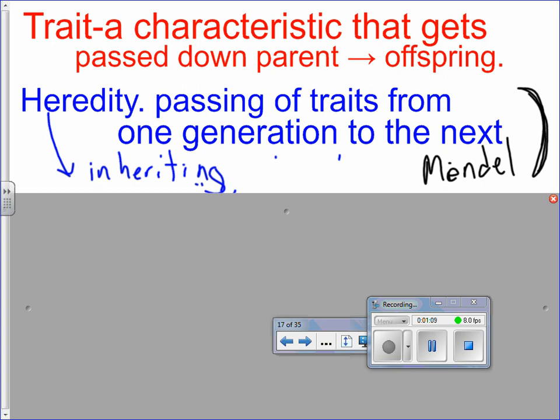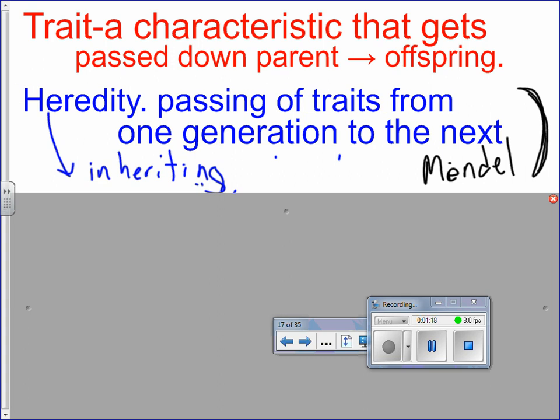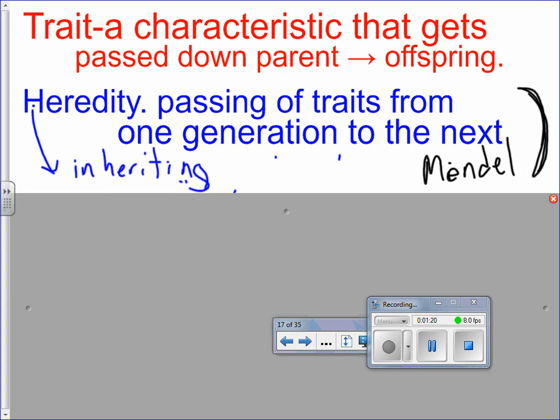He was looking at the inheritance. He didn't know about genes, he didn't know about chromosomes, he didn't know about the nucleus of the cell. So heredity, the word inheriting, is the same root to the word. So heredity, simply passing things down from one generation to the next.